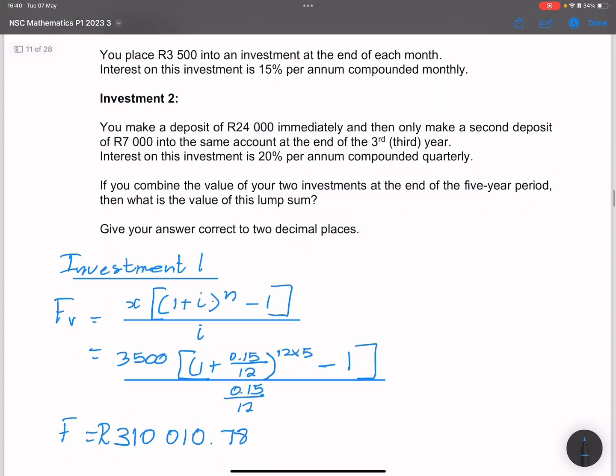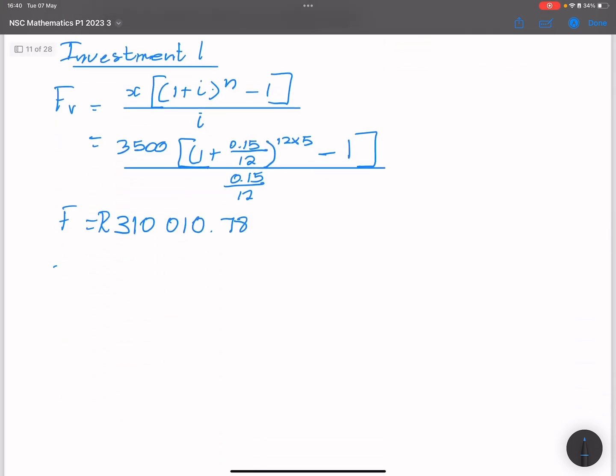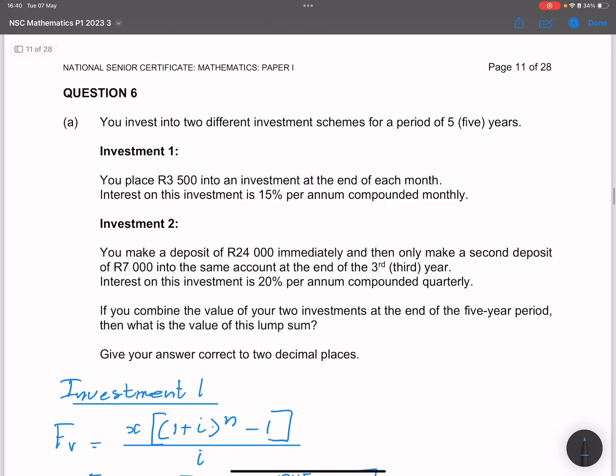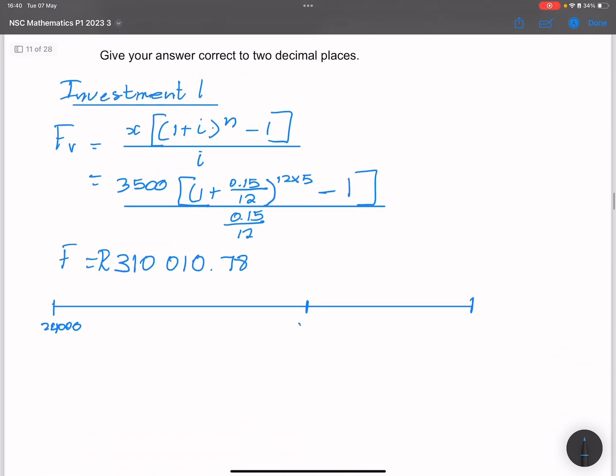So what would I have? I'm going to put 24,000 initially, and then after 3 years I'll be left with 2 years. I make another investment there, an amount of 7,000.